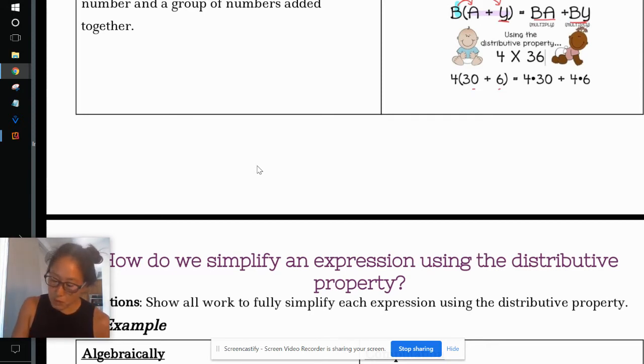So anything on the inside, if there's no number on the outside being multiplied, I can multiply both numbers on the inside, but then I need to add up those two products. So I do 4 times 30, and then 4 times 6. And I add those together, okay?